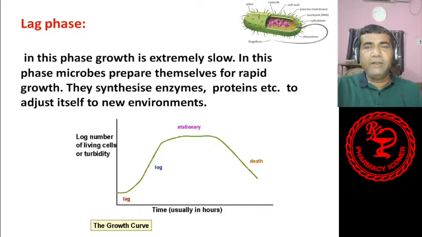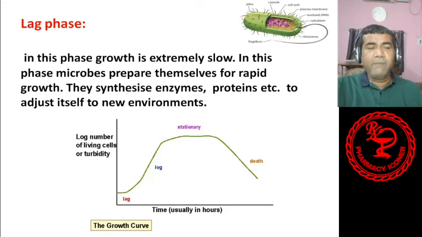In this period they synthesize essential proteins and enzymes which are required for their growth. So in lag phase, new cell formation does not occur or only minimal formation of cells occurs.